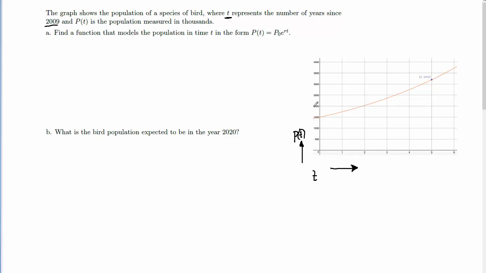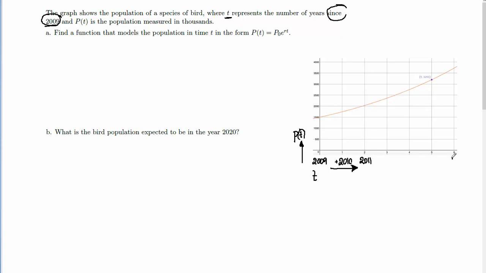Now, one thing that you need to pay attention to is that the problem says since 2009. So this means that the time starts at 2009 here. So this means that the 0 corresponds to 2009. So 2009 plus 1 is going to give us 2010, plus 2 will give us 2011, and so on.